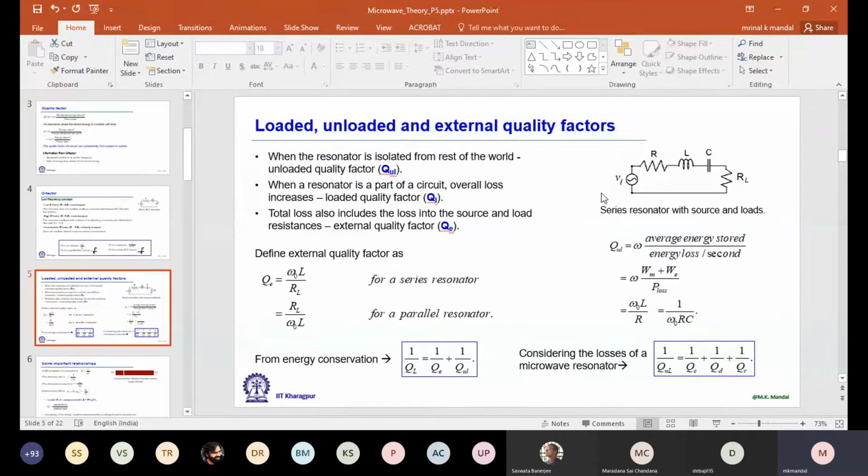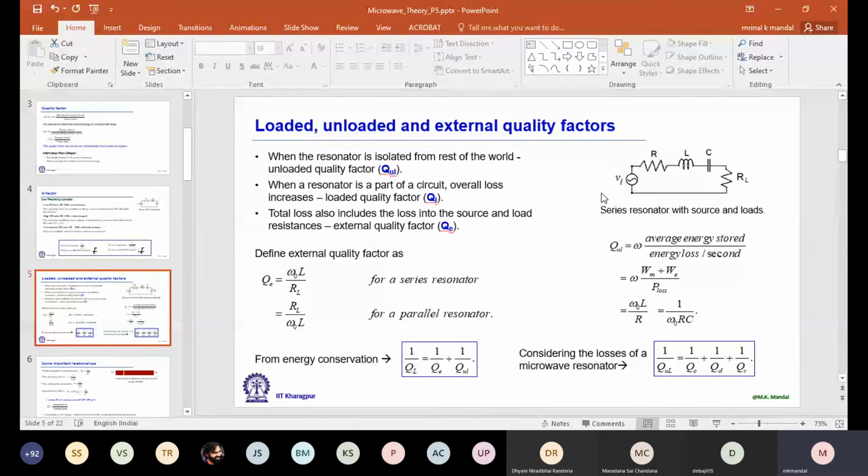Well, we have a relationship from energy conservation. You know this one: 1 by Q loaded is equal to 1 by Q external plus 1 by Q unloaded. It is derived from that. The total power inside the circuit, a part is lost inside the resonator and the remaining part is lost in your load or source.